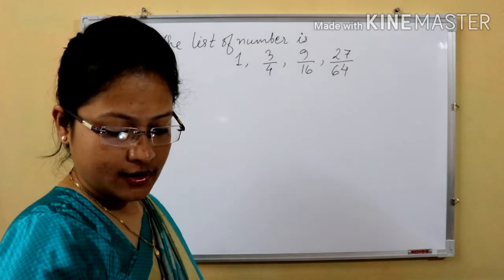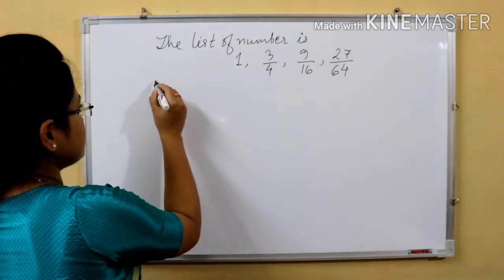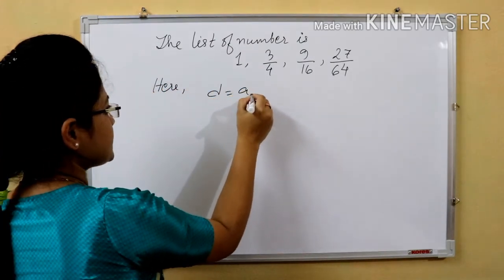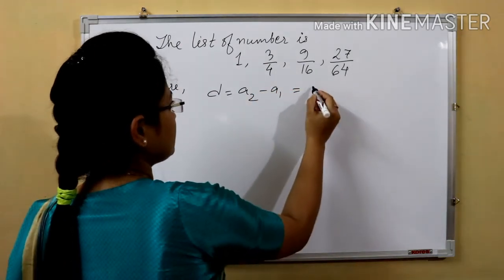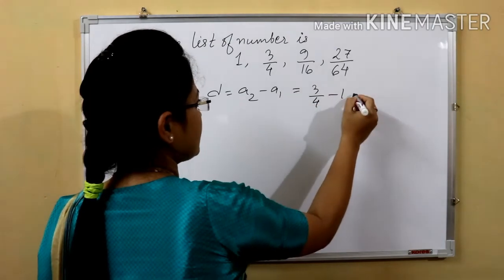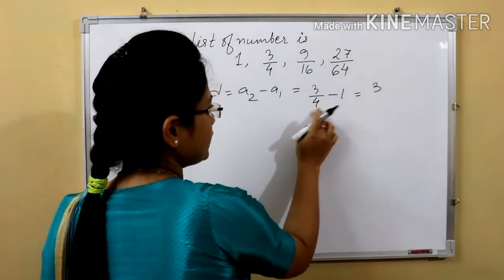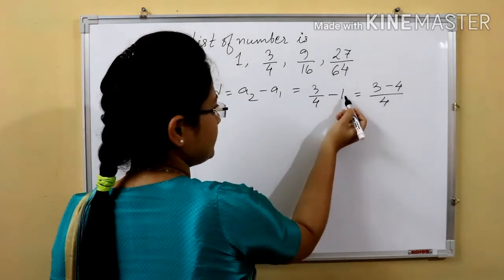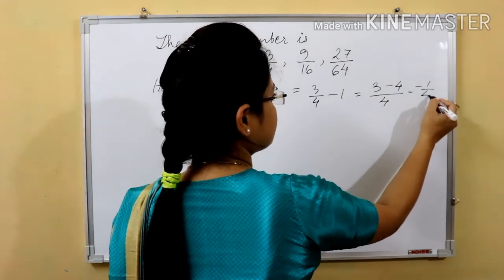After that we will find the common differences. So here D, that means A2 minus A1: 3 by 4 minus 1, that is 3 by 4 minus 4 by 4, since 4 multiplied with 1 gives us 4. So we got minus 1 by 4.